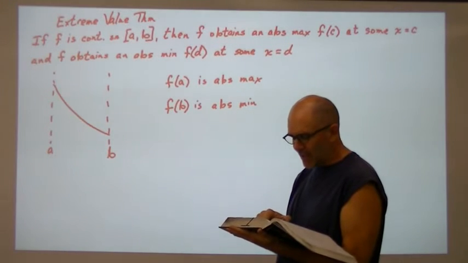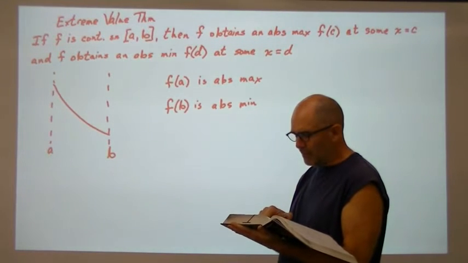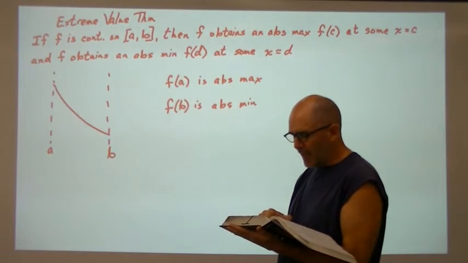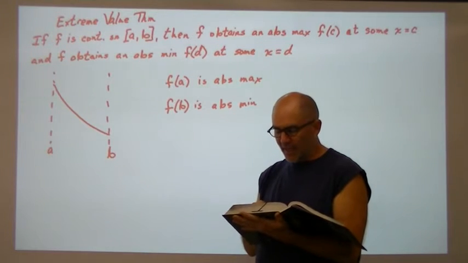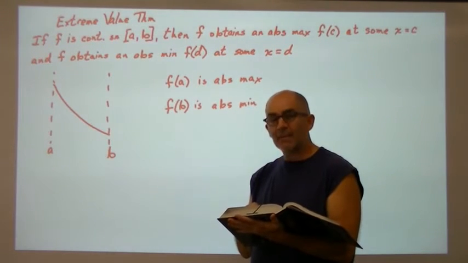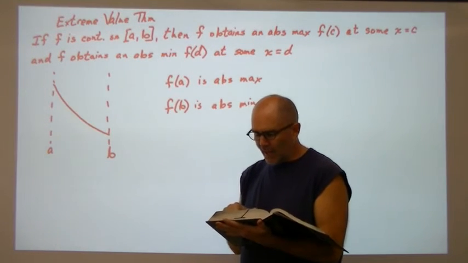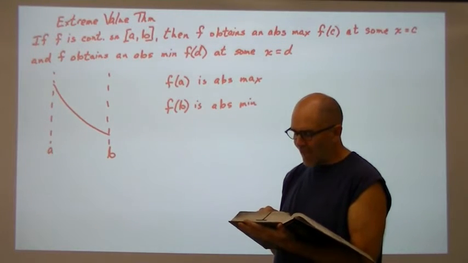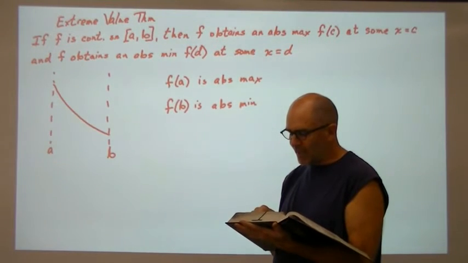If you look at the second diagram in figure 5, then A and B are still the endpoints, and C is still the location of the absolute max. Notice in the second diagram, the location of the absolute min is the right endpoint, because it's lower than any other point in the interval. And then in the third diagram, you've got two absolute maxes, C sub 1, C sub 2. You've got one absolute min, and that's at D.